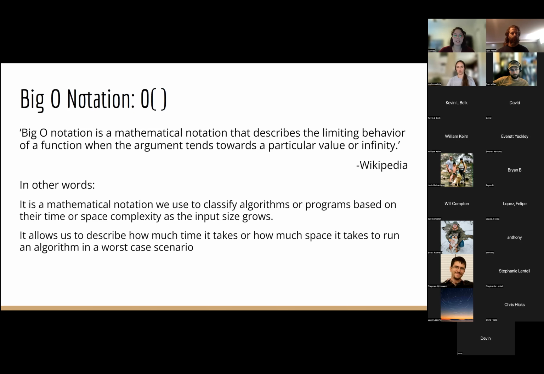So basically, it's a notation that we use to classify algorithms based on their time and space complexity as their input size grows. So we use it to describe how much space and how much time it takes to run in a worst case scenario. So let's say you have an algorithm and it takes an array as input, and you want to see how much time that algorithm will take relative to the array size.